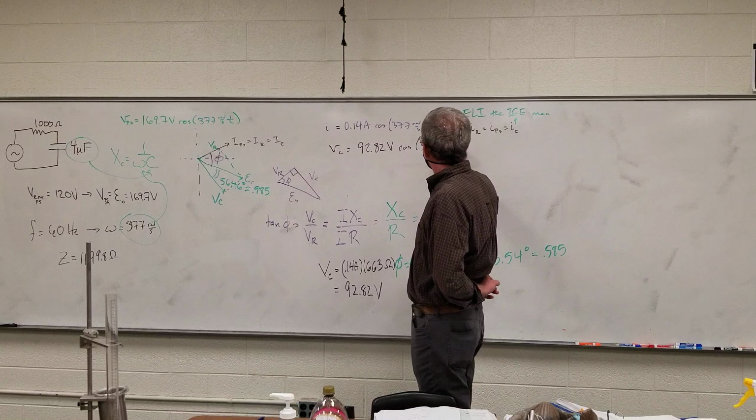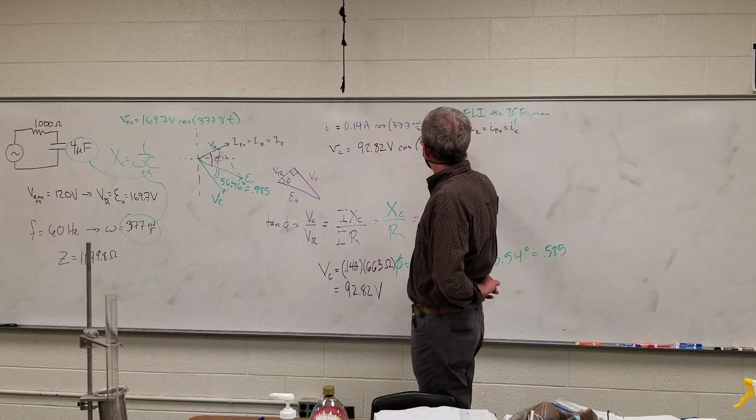And then voltage across the resistor. Well, there's my maximum right there, I times R, so VR is 0.14 amperes times 1,000. I think I can do this one in my head. 140 volts, cosine 377 radians per second times time, plus 0.585.